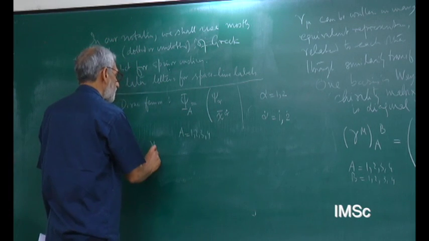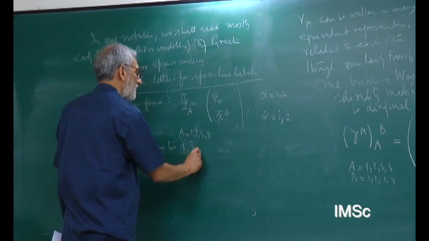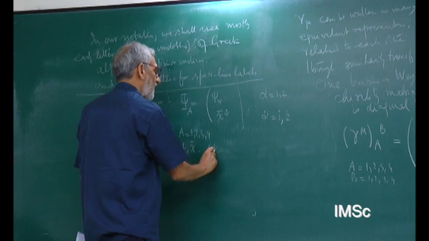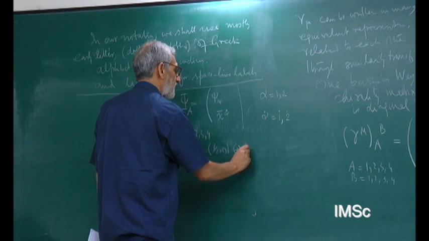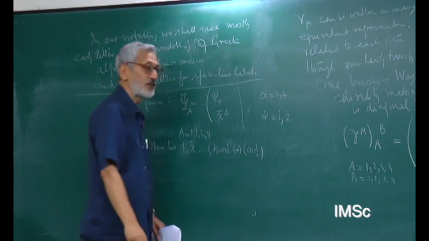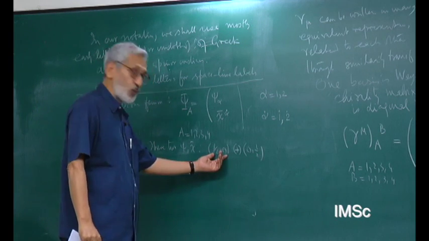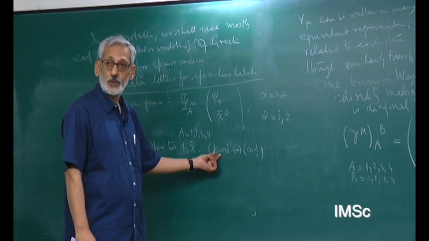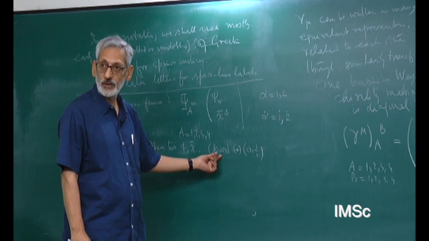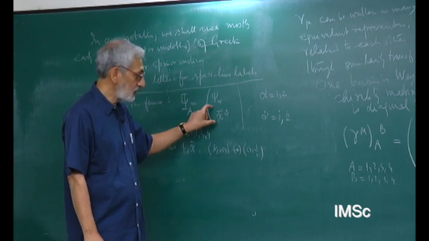These 2 components, psi and chi bar, correspond to the half 0 and 0 half representations of the Lorentz group. This corresponds to one SU2, this to the other SU2. The SU2 spin representation is 2-dimensional, spin half, so it has only 2 complex components.